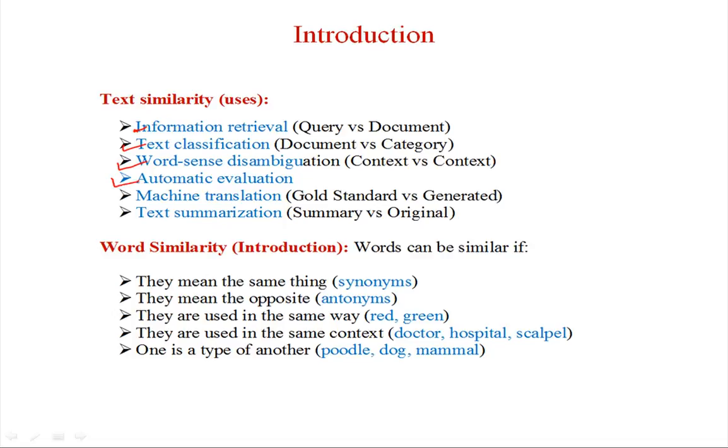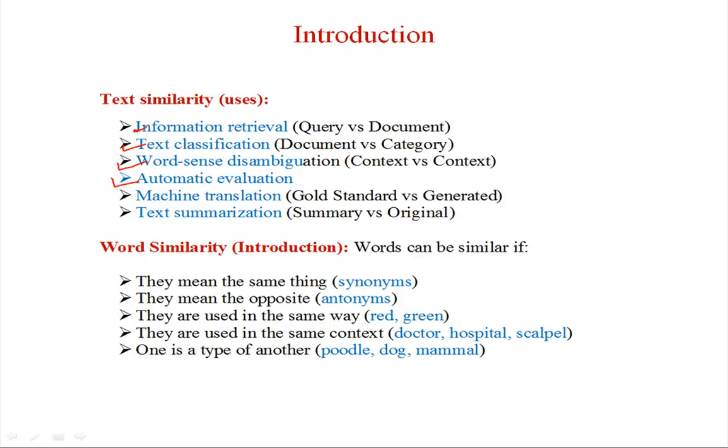Information retrieval means query versus document. Suppose we have a query like what is document clustering. You want to know about document clustering, then we can fire the query, and we can use the semantic measures to rank the documents which are most suitable for document clustering.